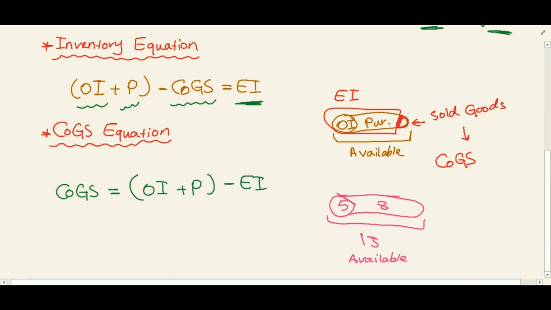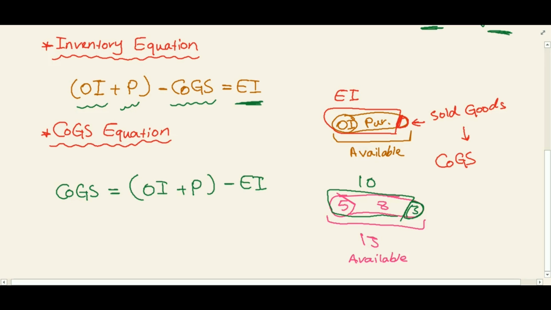So if we came at the end of the period and we found that only 10 items are in our warehouse, what do you think happened to the 3 items that are missing from our warehouse? Of course they may be stolen, but let's assume that nothing was stolen.